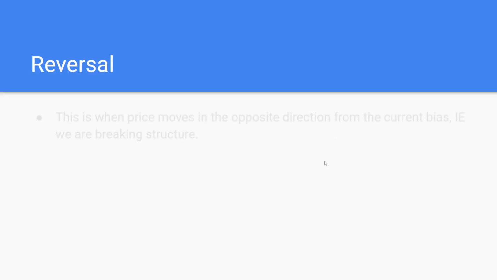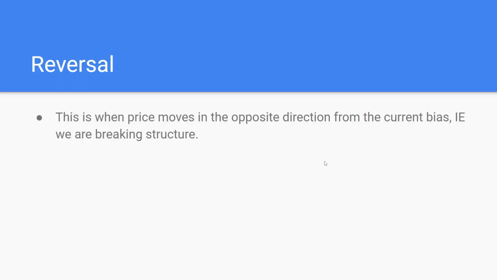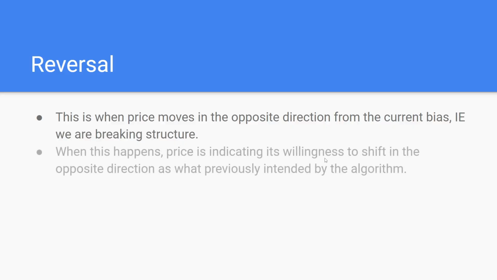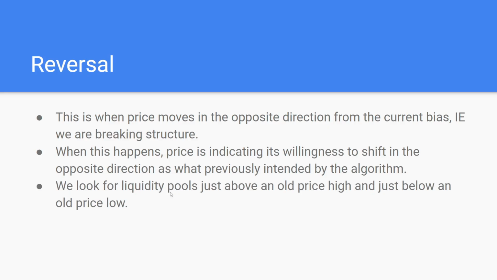So, a reversal. This is when price moves in the opposite direction from the current bias, i.e. we are breaking structure. When this happens, price is indicating its willingness to shift in the opposite direction from what was previously intended by the algorithm. We look for liquidity pools just above an old price high and just above an old price low.